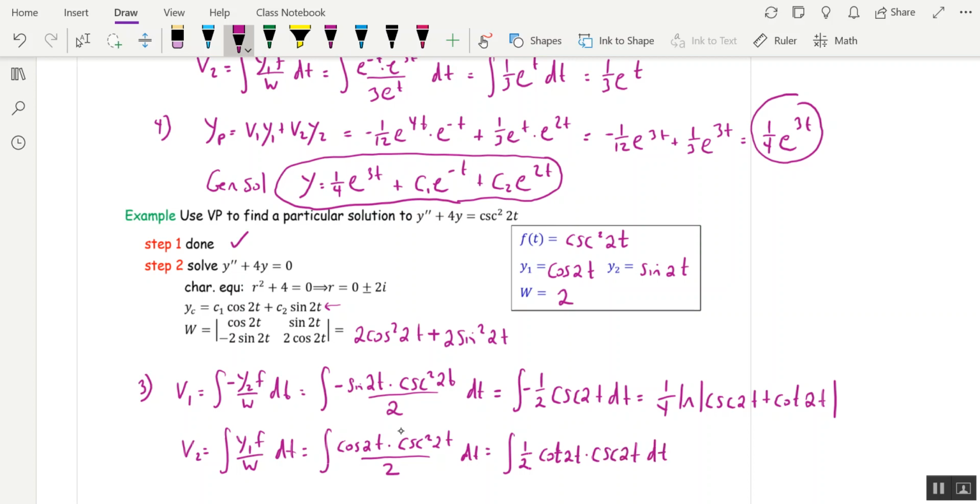Well, the derivative of cosecant is negative cosecant cotangent, so I'm going to get negative, and the 1/2 comes out to give me negative 1/4 cosecant of 2t.